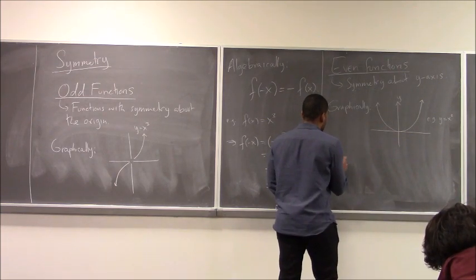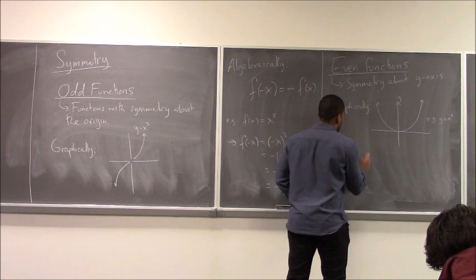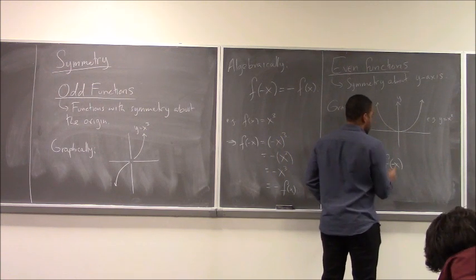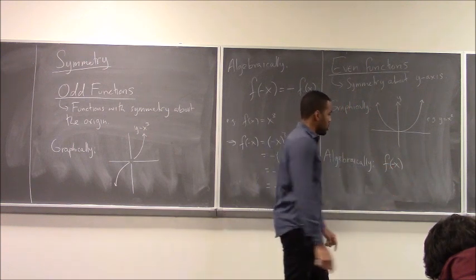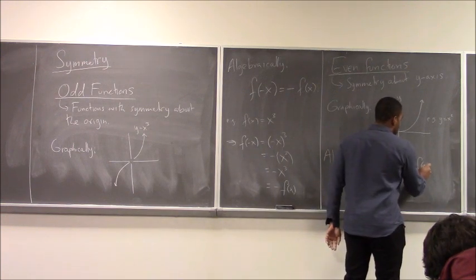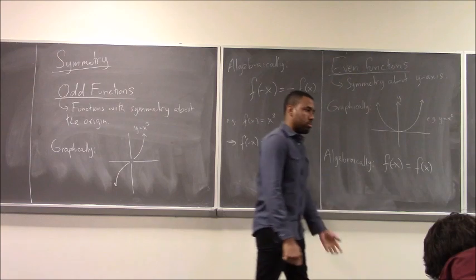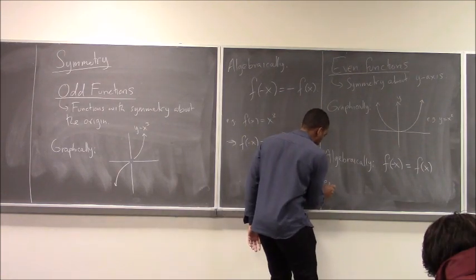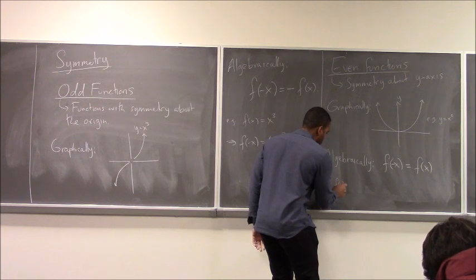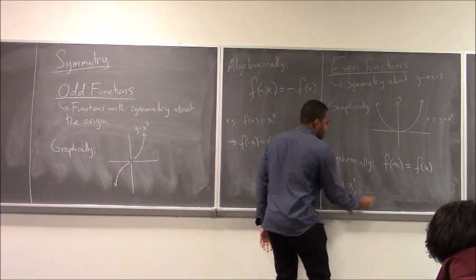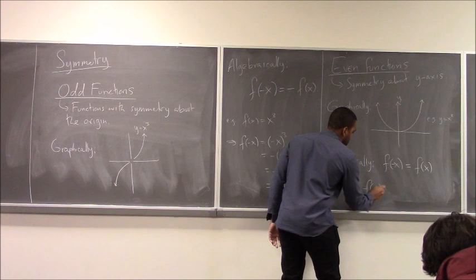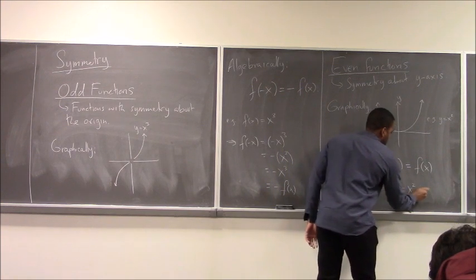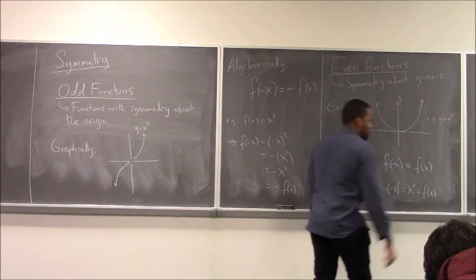Algebraically, if you replace all x's with negative x in your function, it will not make a difference. We'll get the original function. Example: if my f of x is x squared, then f of minus x is minus x squared, which is just x squared, which gives me the original function.